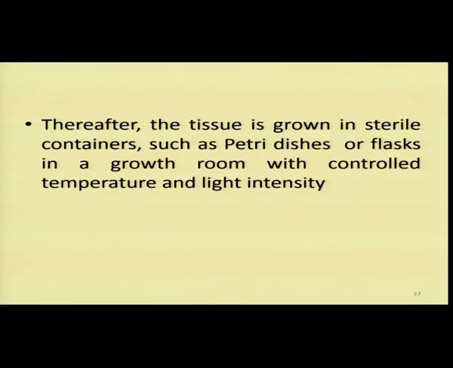Thereafter, the tissue is grown in sterile containers such as petri dishes or flasks in a growth room with controlled temperature and light intensity. See, normally plants grow outside. Sunlight influences that. Temperature of the area also influences that. So when you grow in the lab, you have to adjust the temperature as well as the light intensity so that the plants are independent, they can photosynthesize, at the same time grow properly.